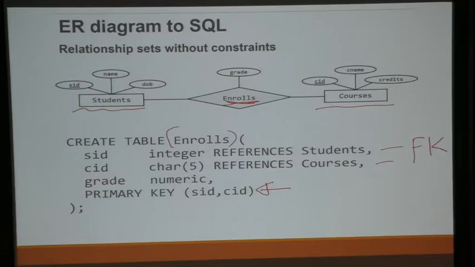If you do not have the primary key, what can happen is that you can have a student with an SID of 1 and the course null. What it means is that that student actually does not have a course. If a student does not have a course, then the grade here is useless, right? But this means that you can actually create something like 1, null, 5.0, which is an erroneous entry.